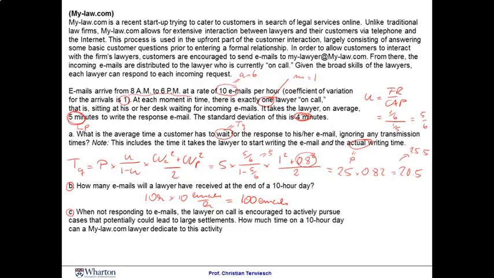And then finally, the last question asks about the time the lawyer can use to pursue these kind of large settlement cases. And for that, we have to look at the idle time, which is 1 minus the utilization, times the 10 hours in the day. We know that the idle time is 1/6 because the utilization is 5/6, and so that is simply 10 over 6 hours per day.